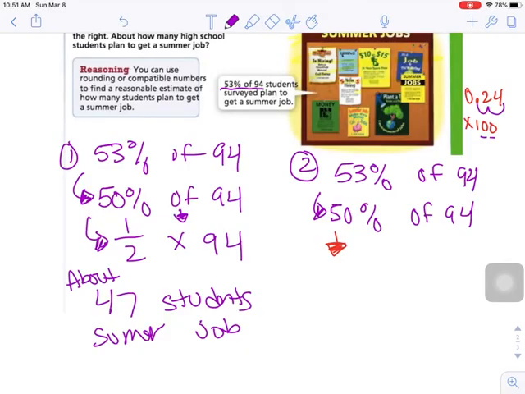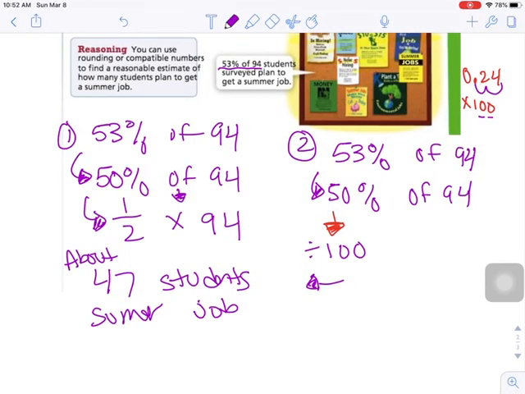So when you're trying to turn a percent into a decimal, go the opposite way, you go backwards. You would divide by 100 or move the decimal to the left 2 places. So let's try that. So if we have 50%, put this in your calculator, do 50 divided by 100.